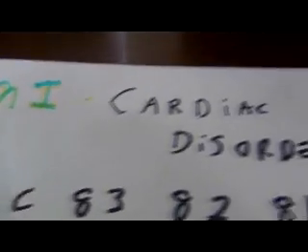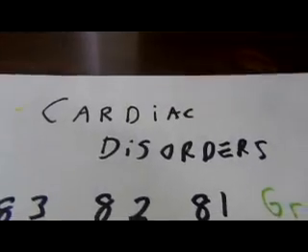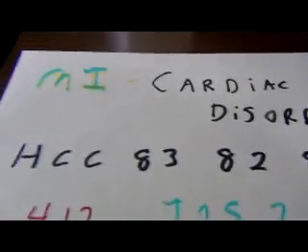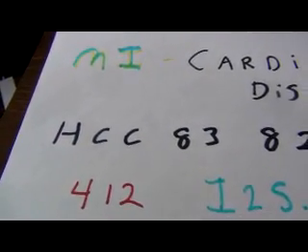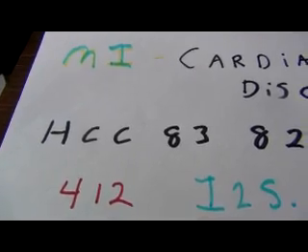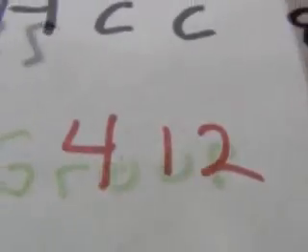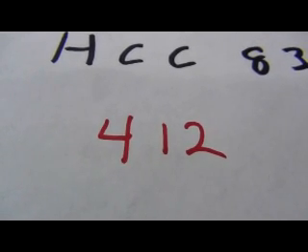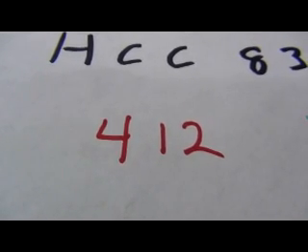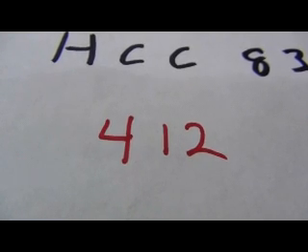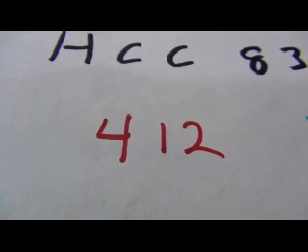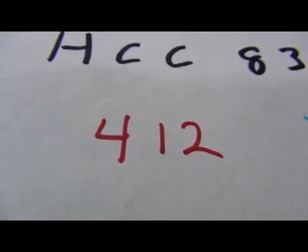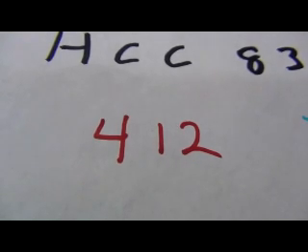Myocardial infarction, cardiac disorders, which is HCC 83, 82, 81 in a group. ICD-9 code 412, which doesn't need any dots or zeros, is old myocardial infarction, which many people have.